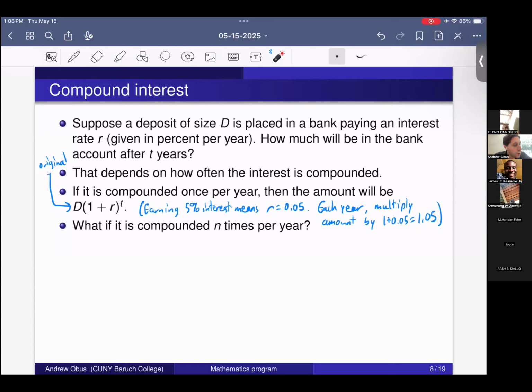Now the question is, what if it is compounded n times per year? What does this mean? Let me do this in the form of an example. Let's say that R is equal to 6% or 0.06, and say it's compounded 3 times per year.